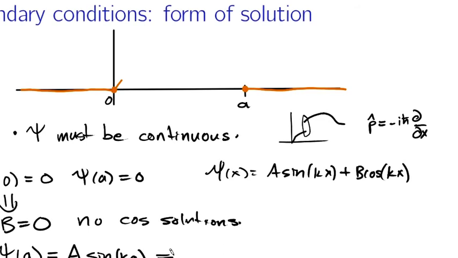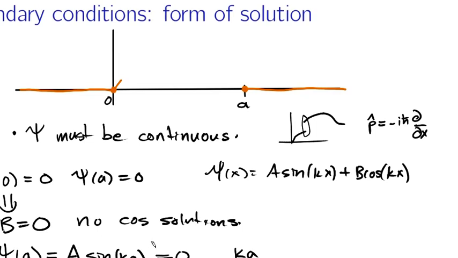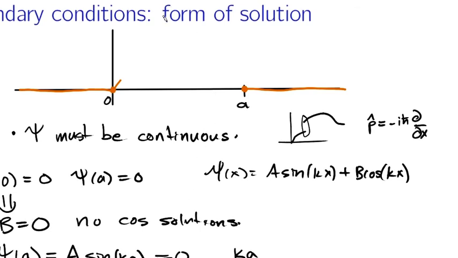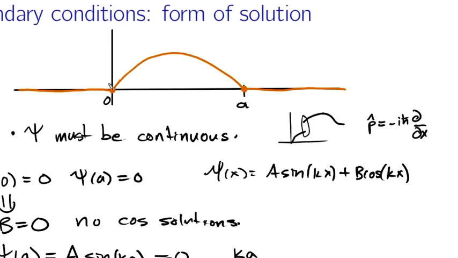If this is going to be equal to 0, then I know something about ka. In particular, the sine function goes through 0 for particular values of its argument. Sine of x is 0 for x equals integer multiples of pi. What that actually looks like on our plot here is things like this. Our wave functions are going to end up looking like this.